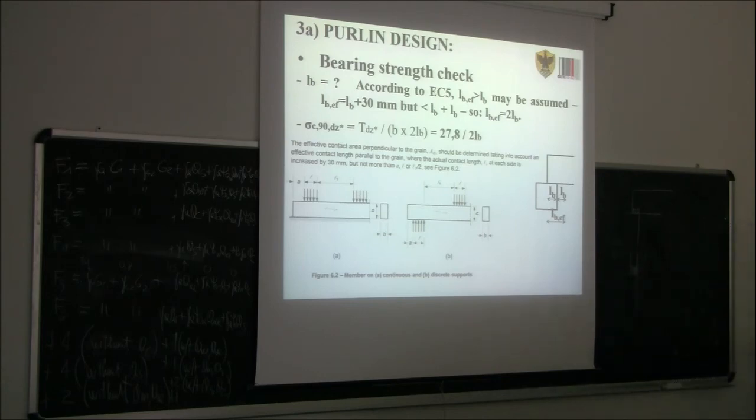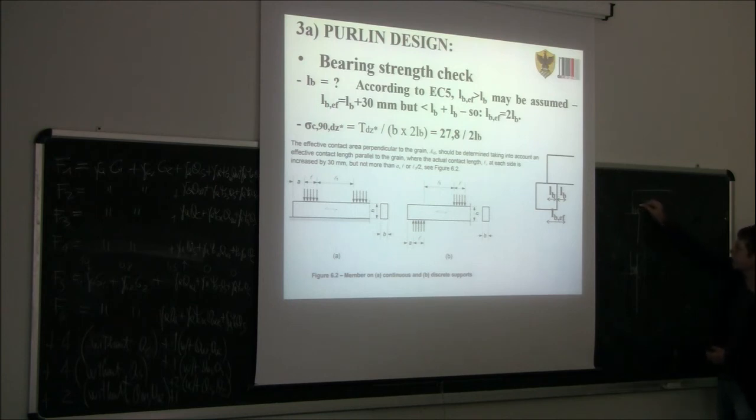So in other words, this fiber of wood here in some way helps also the resistance of this fiber here. While instead, if you wouldn't have any fiber of wood here, then the strength here would be lower.